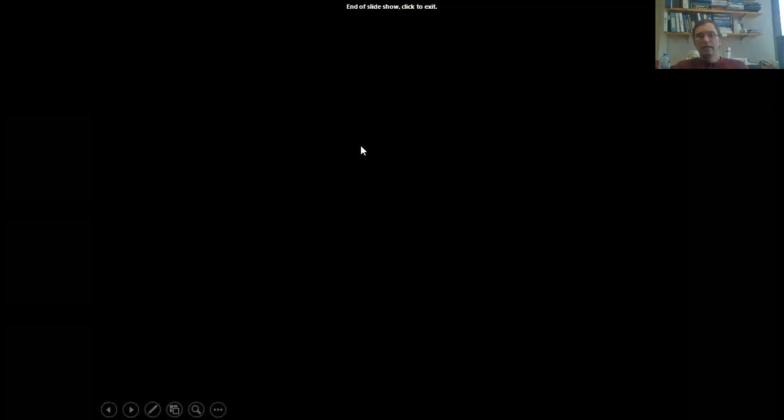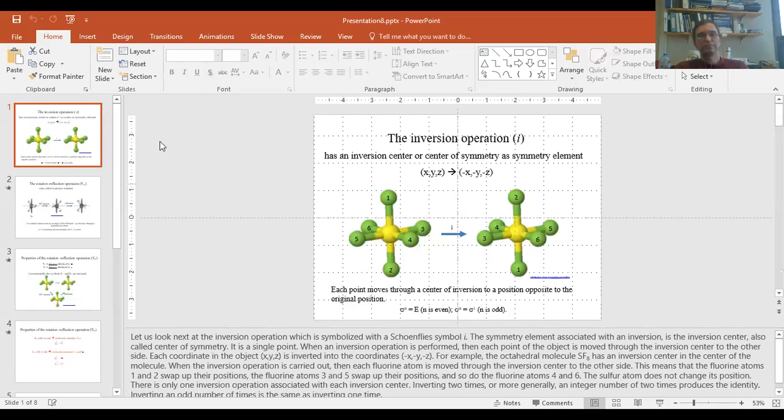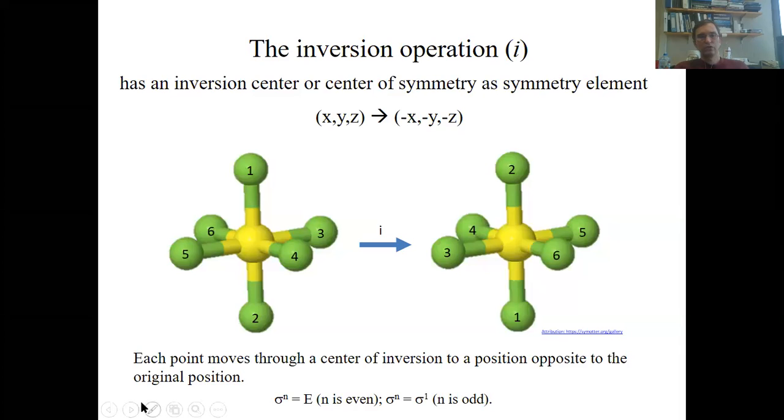All right, then let us just move from here to the next kind of symmetry operation, which is the inversion operation.